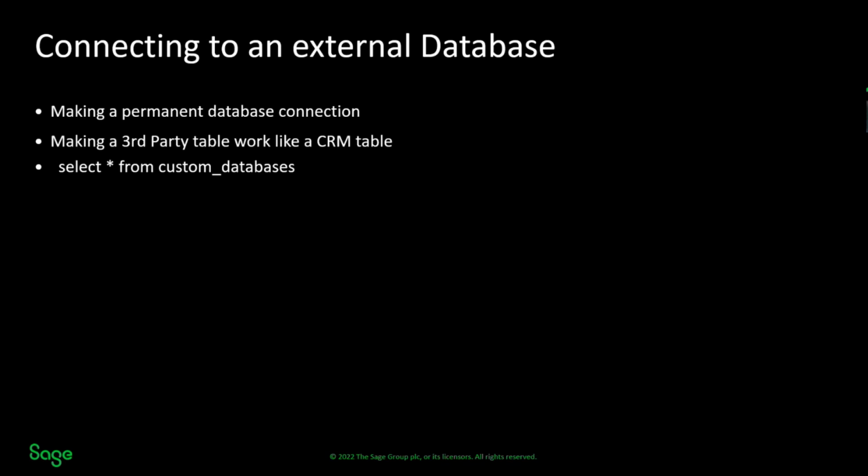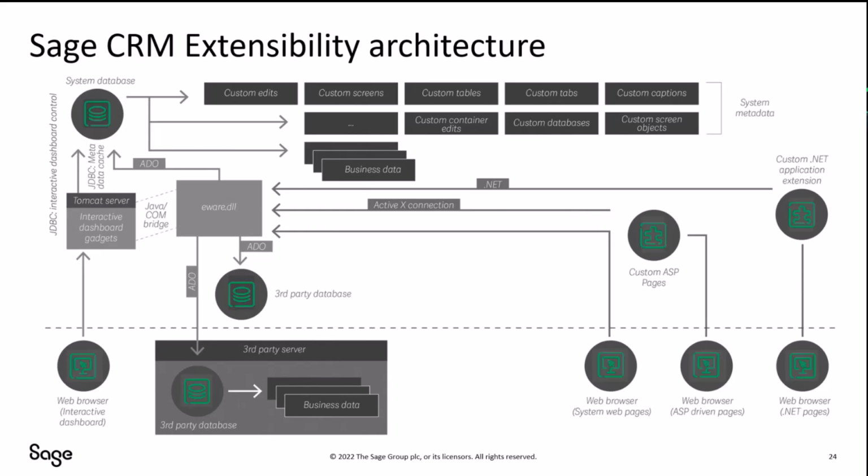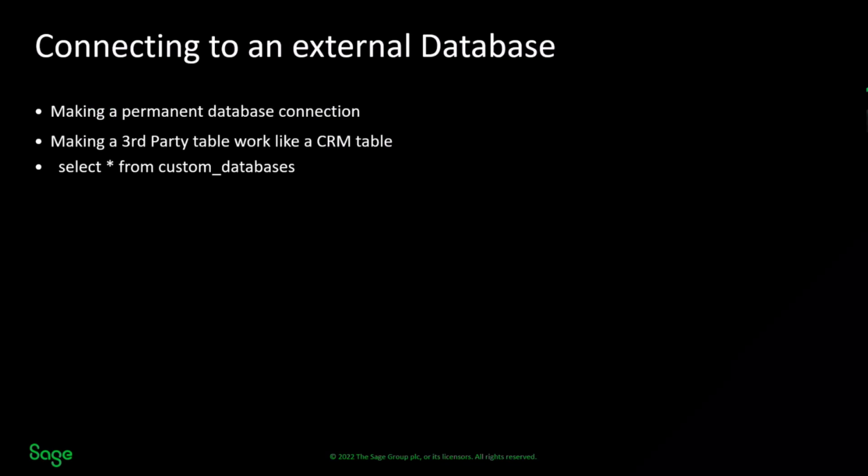Now, as the previous page was looking at in the presentation, you can use ASP pages to either call existing structures inside the database, or you can create new structures inside the database, or you can extend the data model so you are looking into a third-party database.